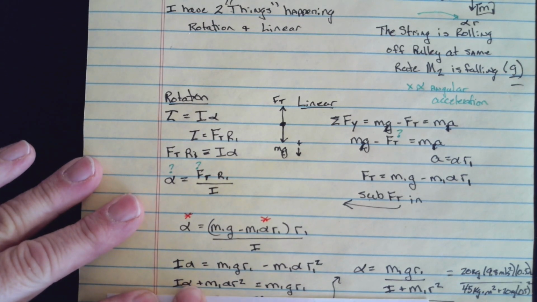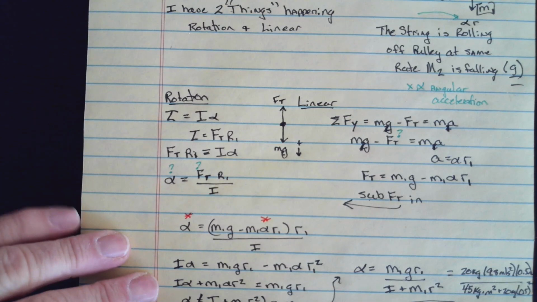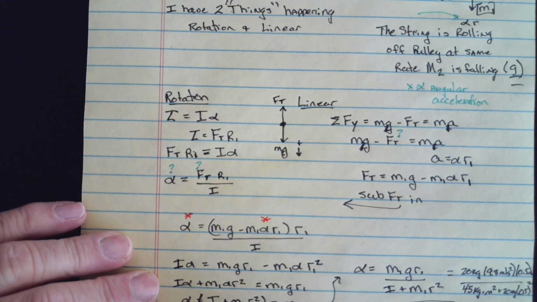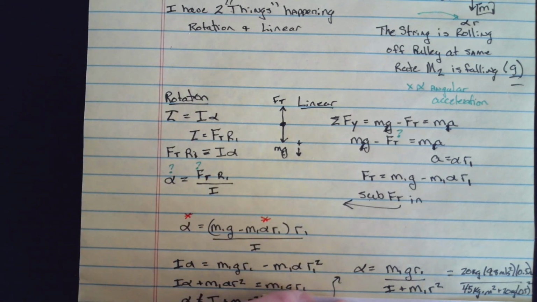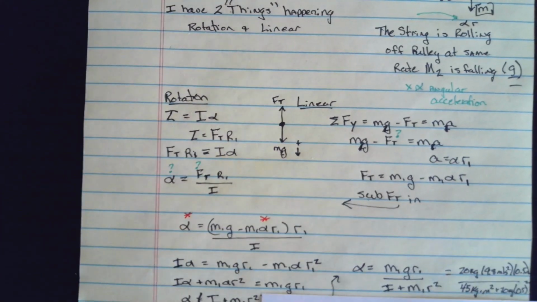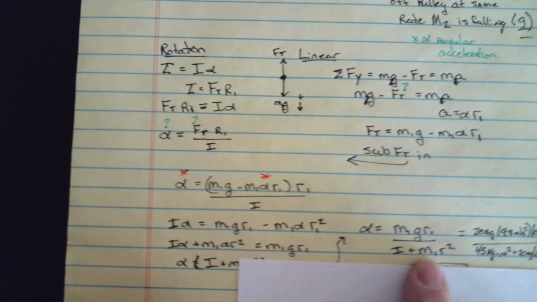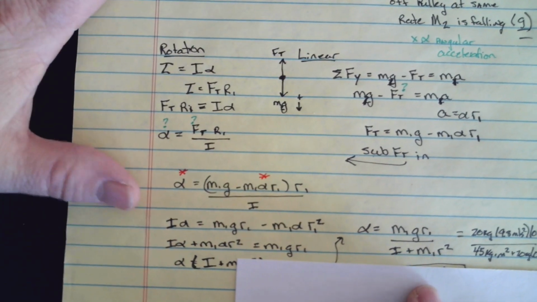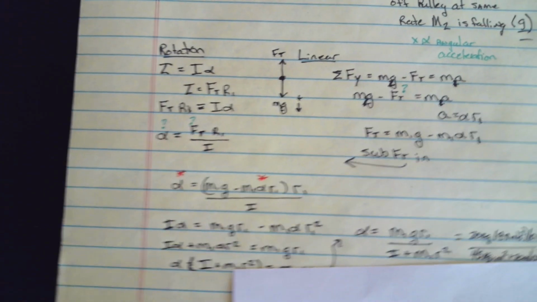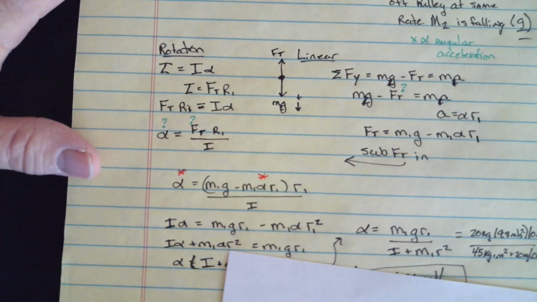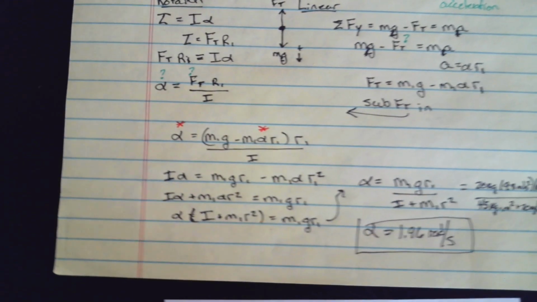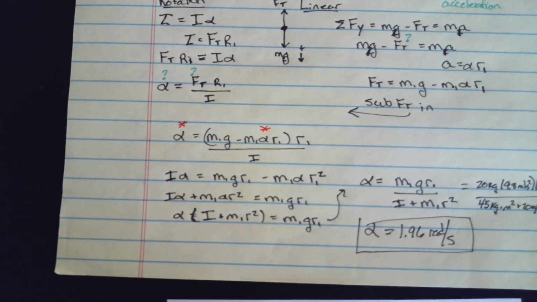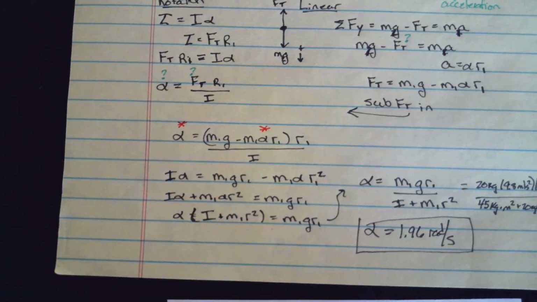Now I'm going to pull the angular acceleration out. Then I'm going to bring this and divide it back into this side. After all of that algebra, I am finally at this point where I can actually put in my values, and I do that, and I get an angular acceleration of 1.96 radians per second squared.